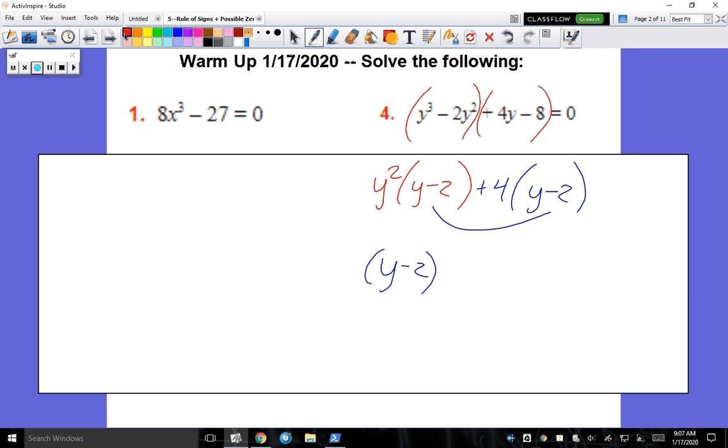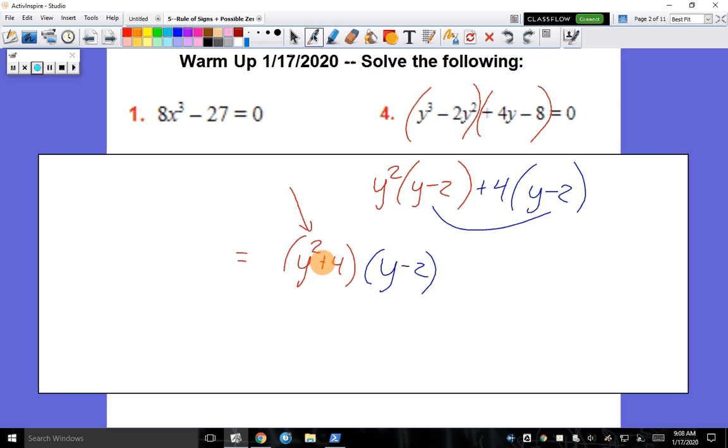Yeah. So this would be y squared plus 4. This would be fully factored. Okay? And the reason why is, even though this is a square and you're thinking, ooh, I could factor that more, there's no such thing, and we experienced this during notes in class, as a sum of squares. So it's going to factor differently.